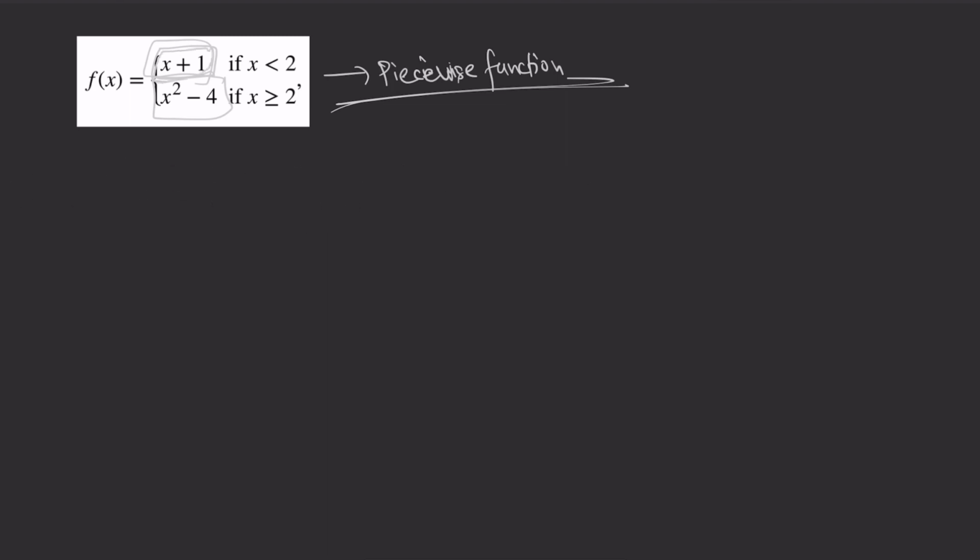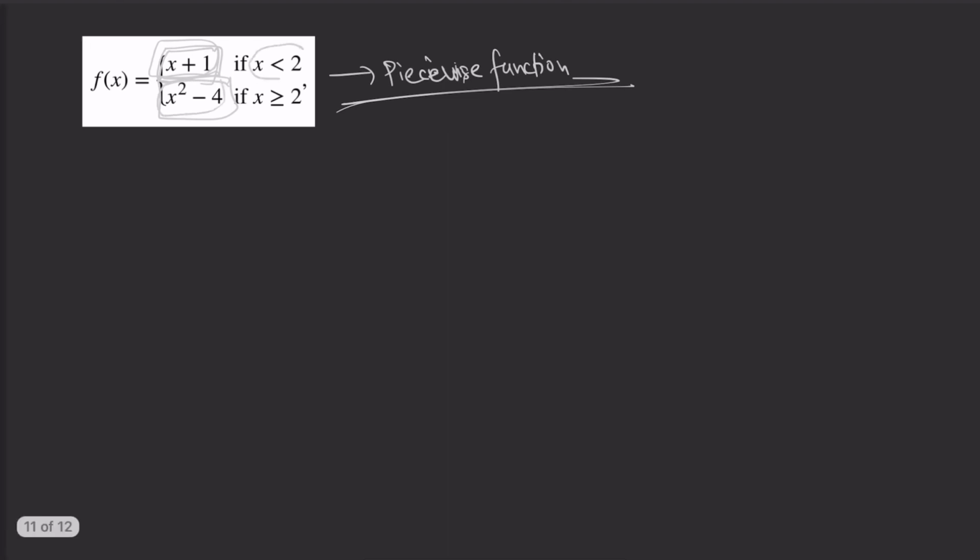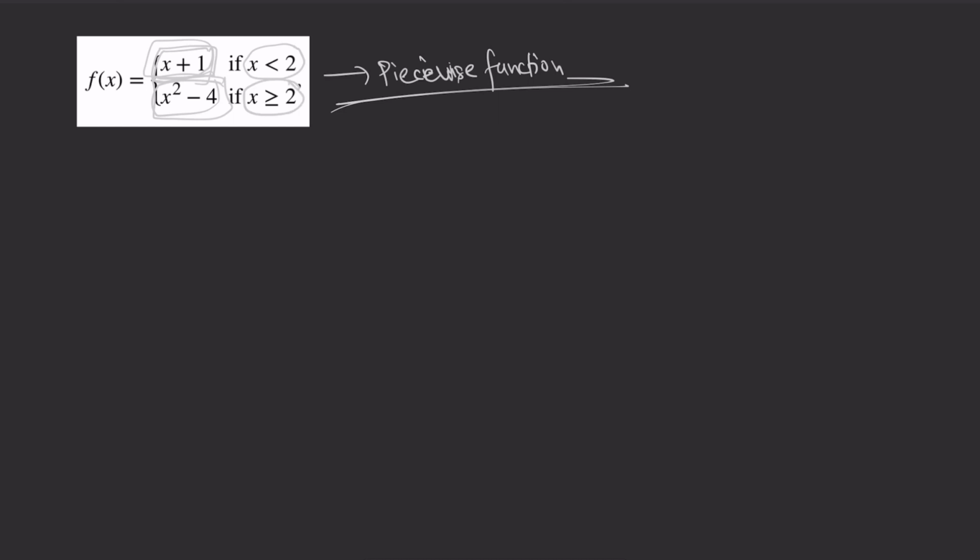These two don't have any problem in their domain. Domain means for x less than 2 and x greater than or equal to 2. But there is a problem for this function. Where is the problem? At this point. We have to find the limit at this point because it is changing its definition here. So we'll find LHL and RHL.